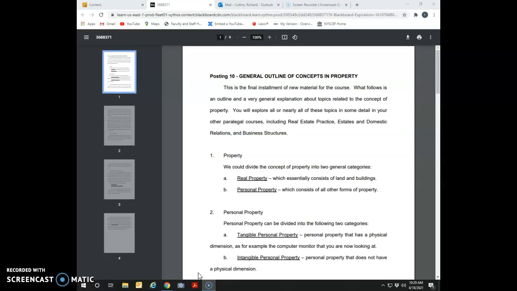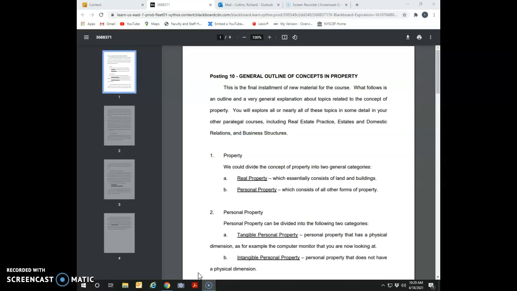In the domestic relations part of the course, you'll be talking about something known as marital property, which is how, in the event of a divorce, or for purposes of a prenuptial agreement, spouses divide up property.